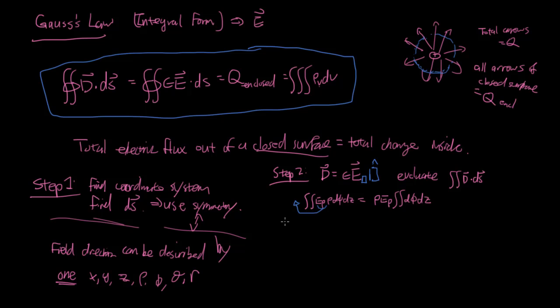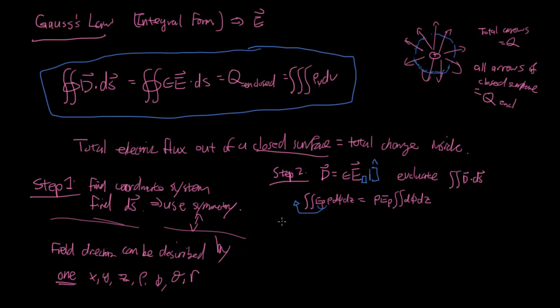And so I think it's really important to be able to determine when this integral form is the right path. So again, make sure you can describe it by one of these letters. And when you're setting up the left-hand side of this equation, make sure that you can pull the E field out and that it's independent of your remaining two length vectors, the vectors that form ds.